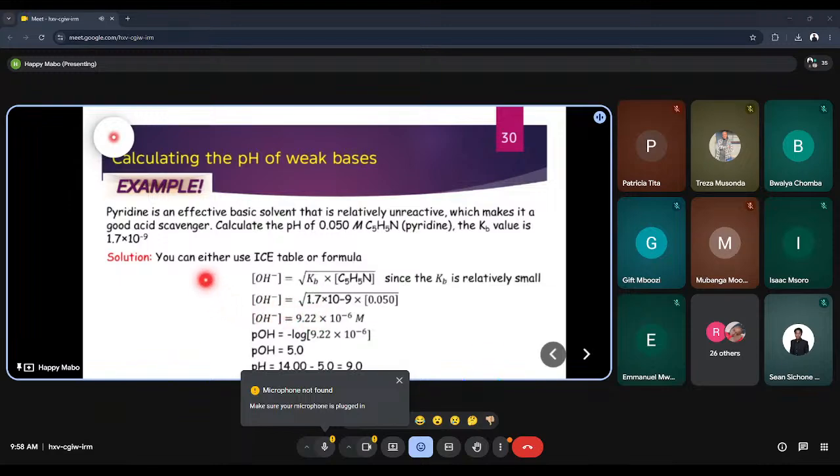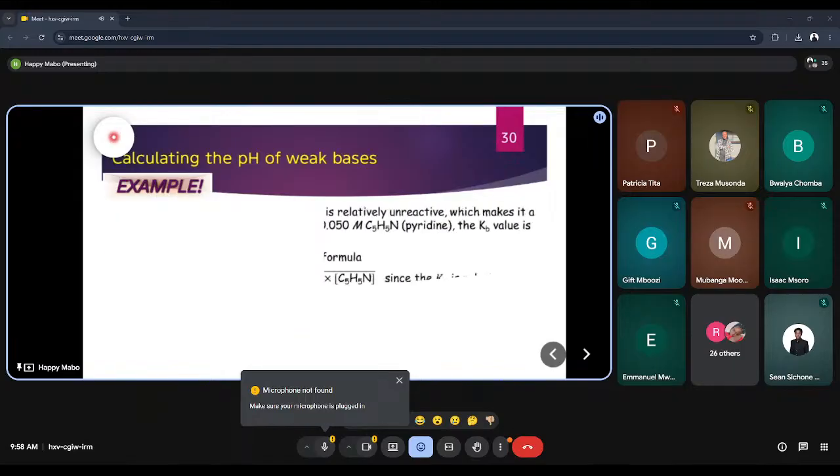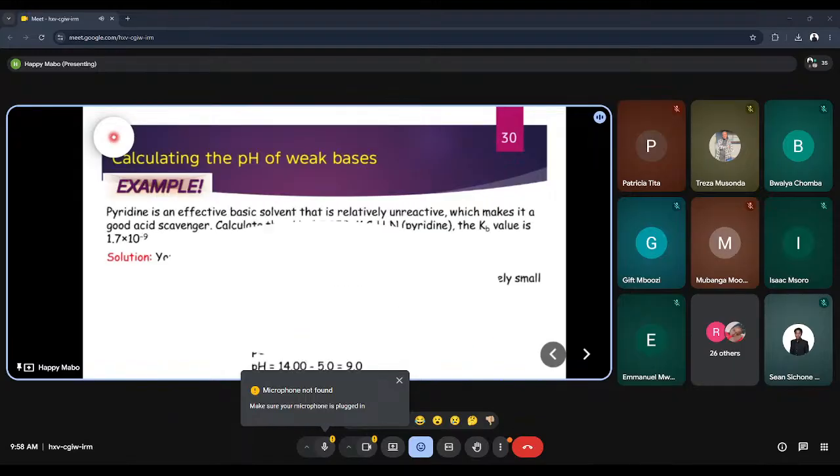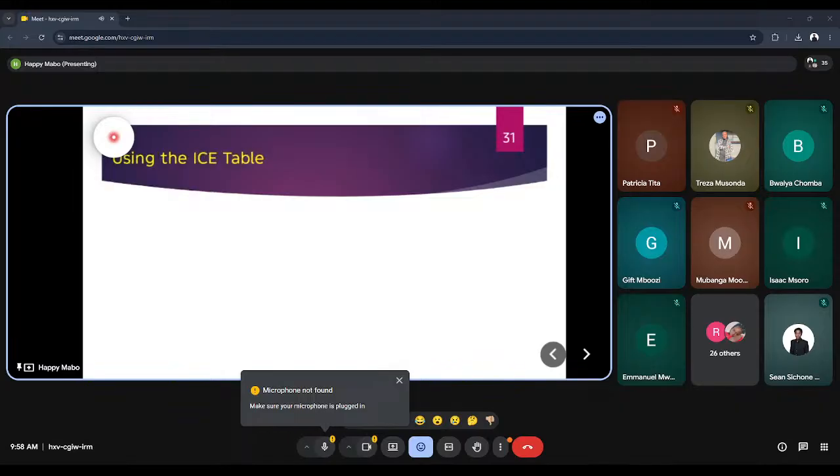If you're able to remember the formula, well and good. In case you're not able to remember the formula, you can still answer the question by writing the dissociation equation. You write the dissociation equation for pyridine. Remember that pyridine, being a molecule with a lone pair of electrons on nitrogen, can abstract hydrogen from water molecules and become protonated, which results in the formation of what you might refer to as a conjugate acid.